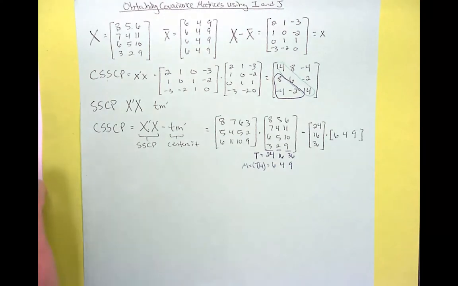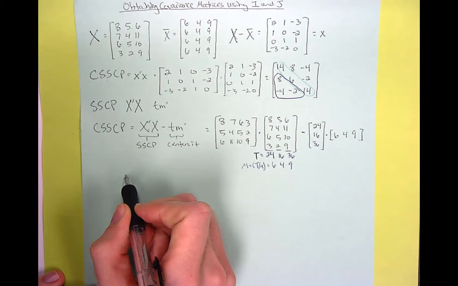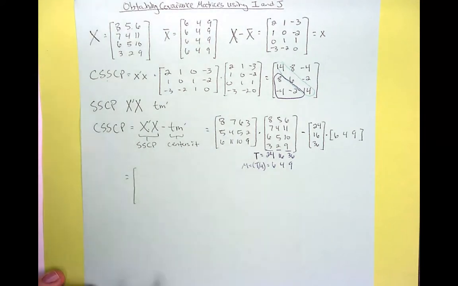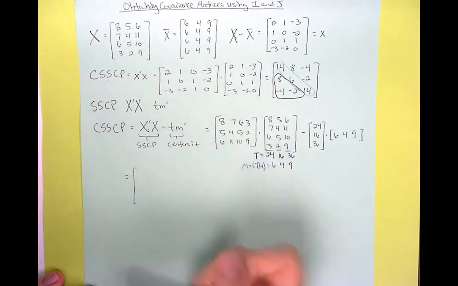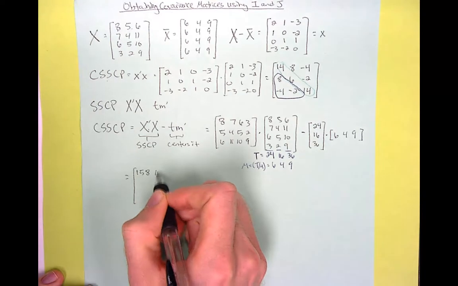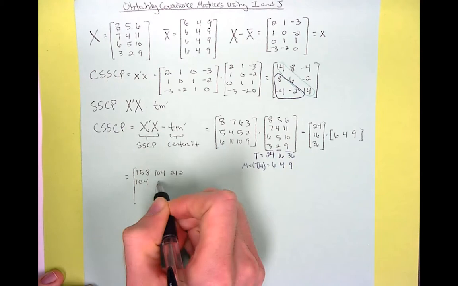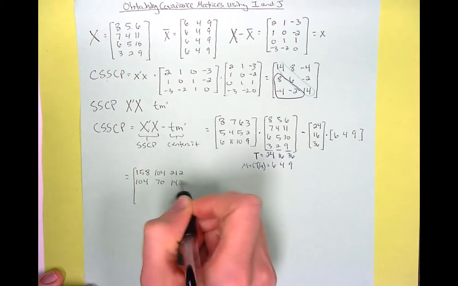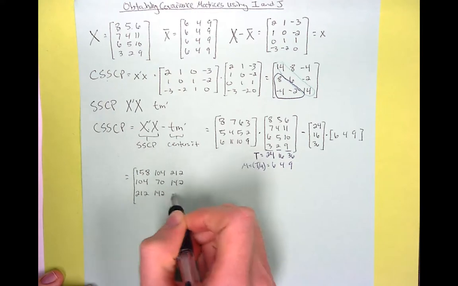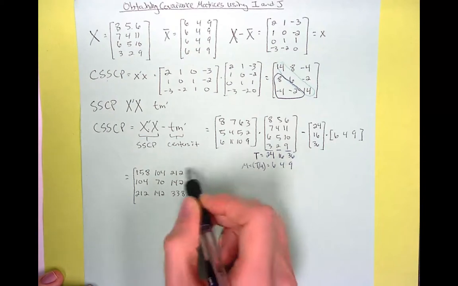Okay, so let's simplify this. I'm going to bring it over here. What we get when we multiply these two, we get a matrix of the values of 158, 104, 212, 104, 70, 142, 212, 142, and 338.